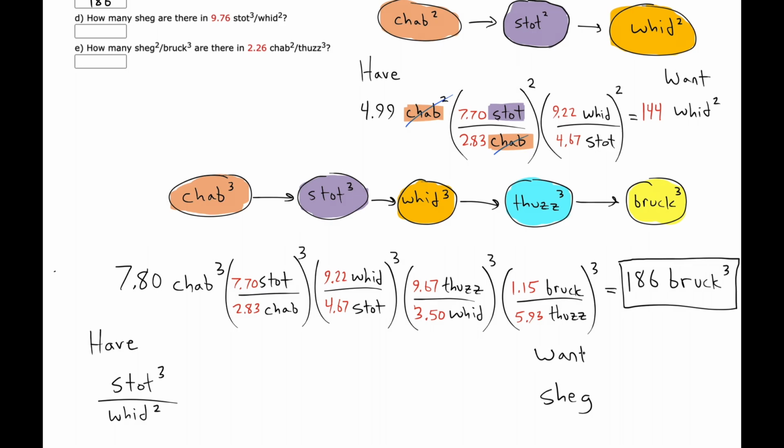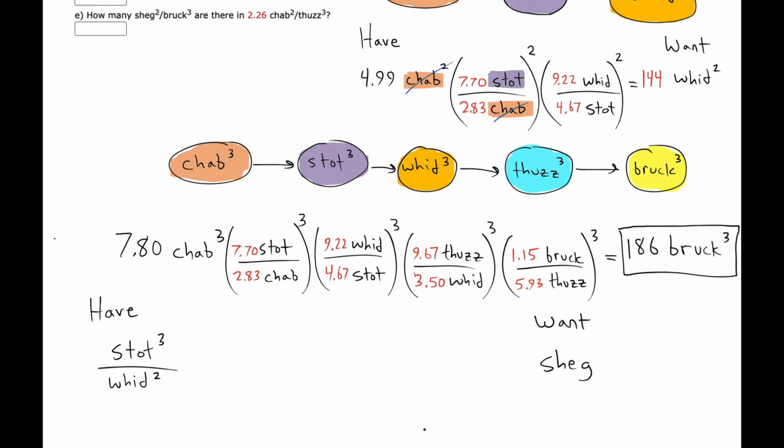This is what we want. Since we're being asked just for a single unit with no denominator, it could be a good idea to eliminate the denominator first by converting it from wid squared into stat squared. This will allow us to have the stat squared that's down below cancel with the stats that are above.